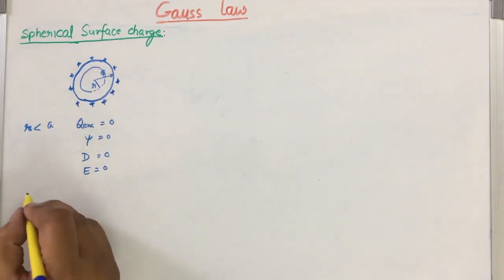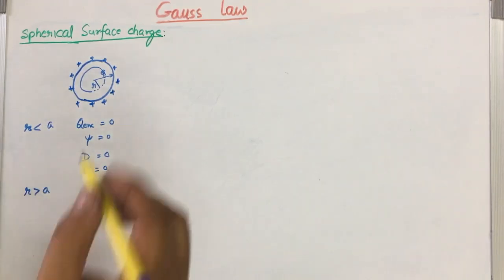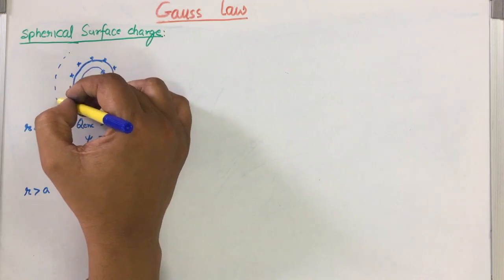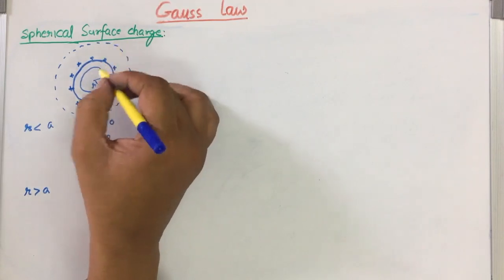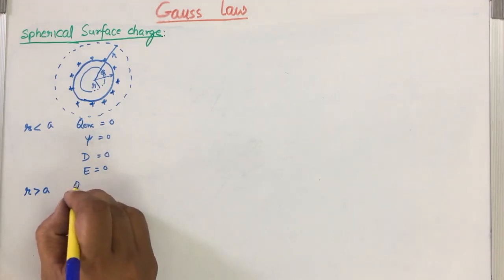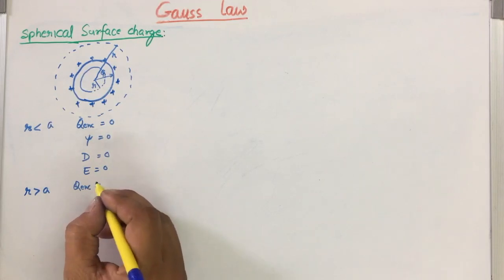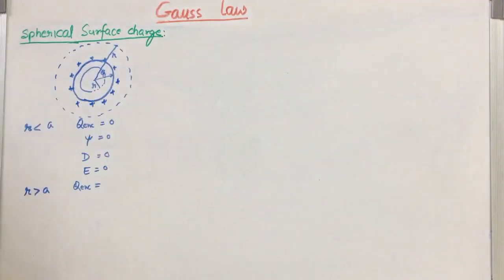Now consider the next situation when r is greater than a. We will come to r equal to a later. In this case the charge enclosed will be equal to the surface charge density times the total surface area.